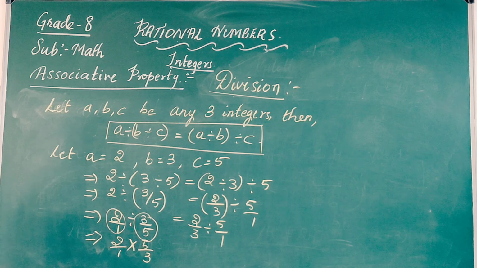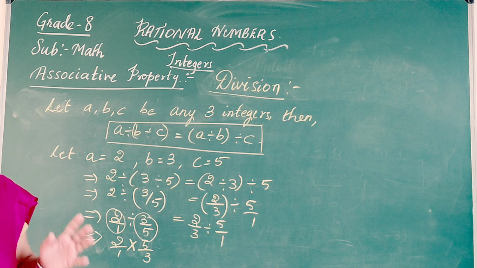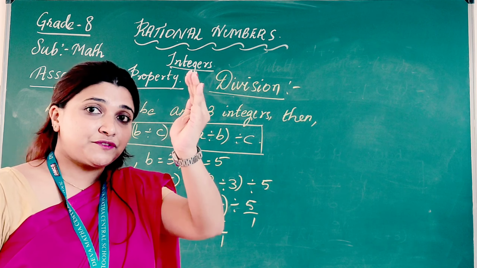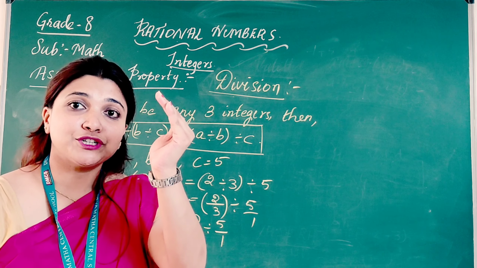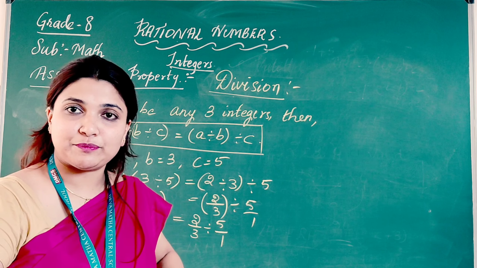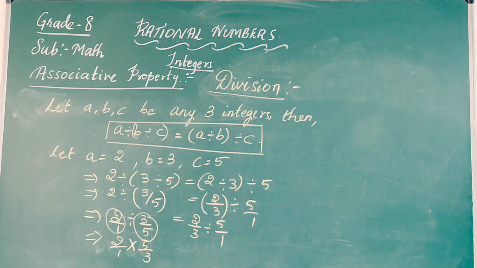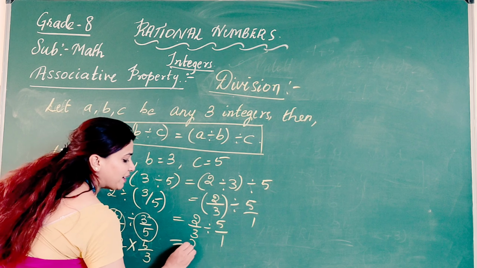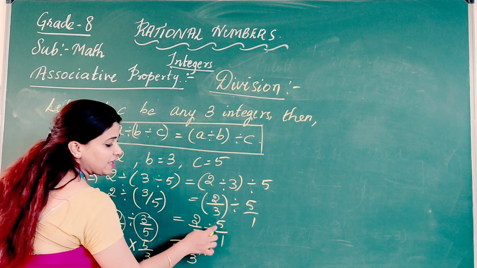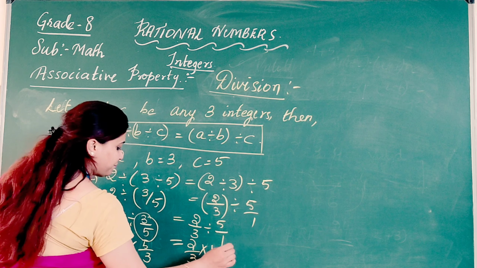Clear? That means when I am dividing any two rational numbers or two fractions, the first fraction I'll write as it is, division will become multiplication, and the second fraction will become its reciprocal. Alright children? So is equal to 2 by 3 as it is, division will become multiplication, 5 by 1 will become 1 by 5.